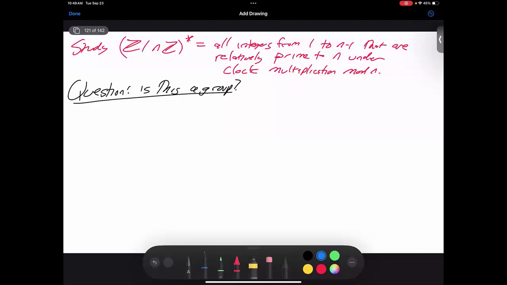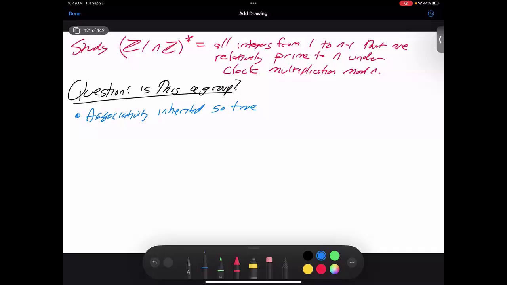What's the easiest thing to check? Associativity. It's inherited, so it's true. It's true when we just looked at numbers mod n, it's still going to be true here.